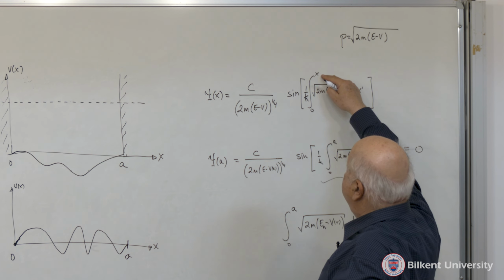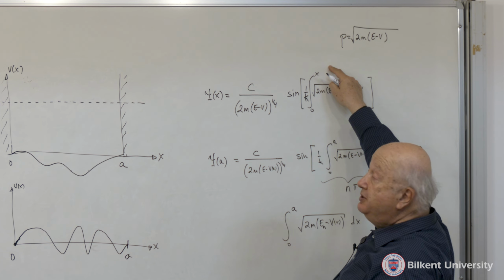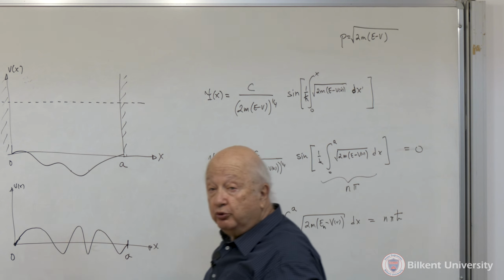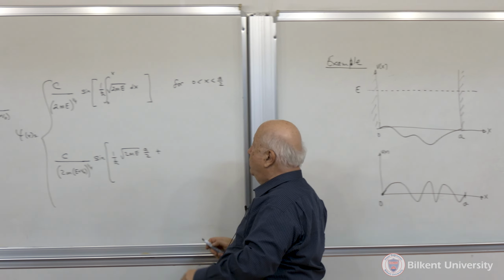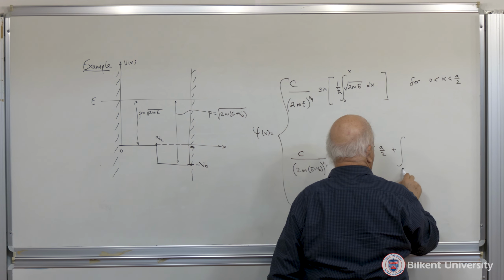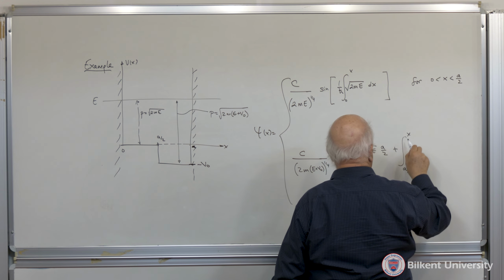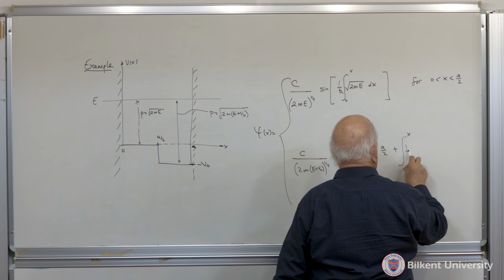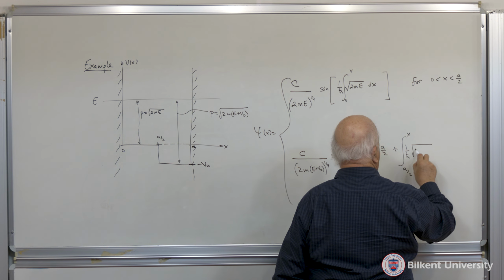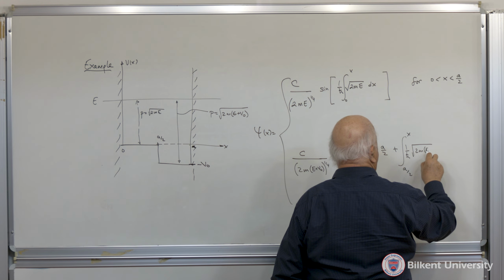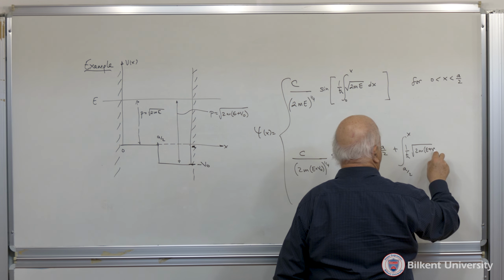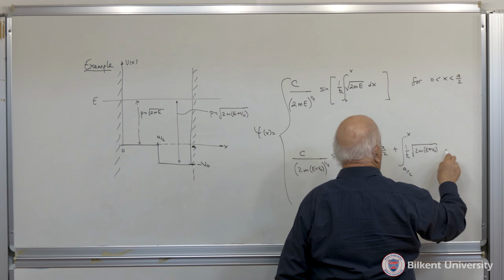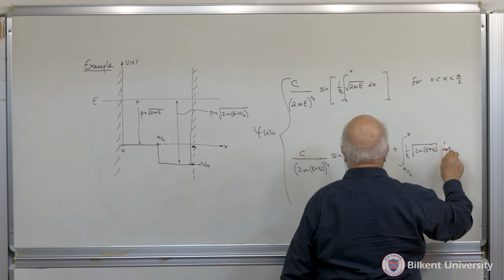So this integral is now split up into two pieces, one from 0 to a over 2 and one from a over 2 to x, again 1 over h bar, but this time the square root of 2m(e plus V0) dx.